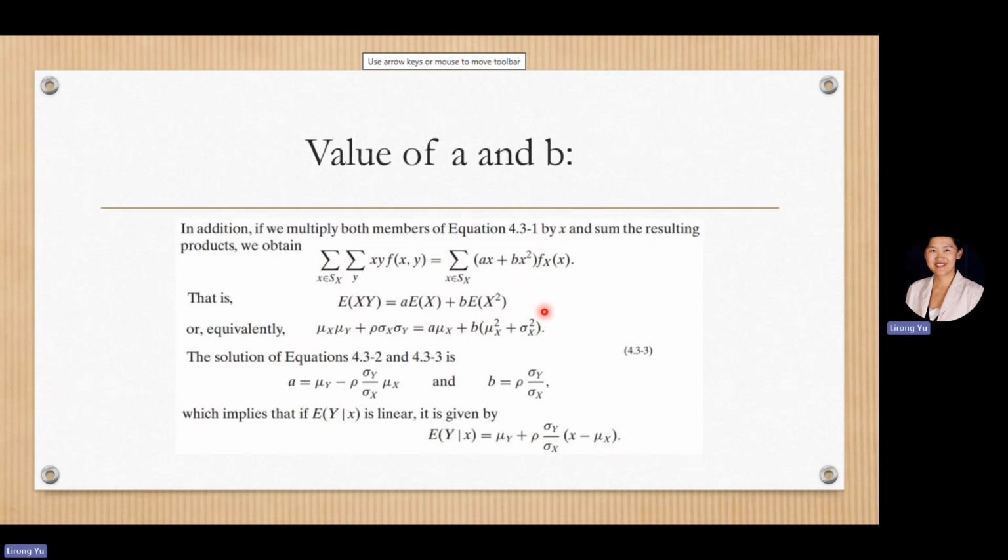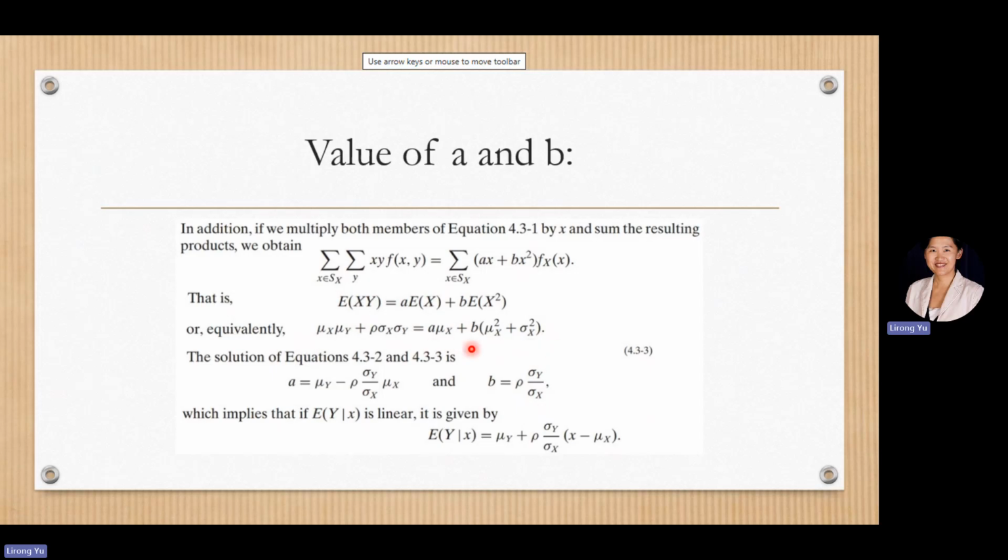This is an essential part of the definition of variance. So this one equals this one. Looking at both sides of the equation, they have a common term, and any common term we can get rid of. Ultimately, we're trying to find the formula for both a and b. What do we have?